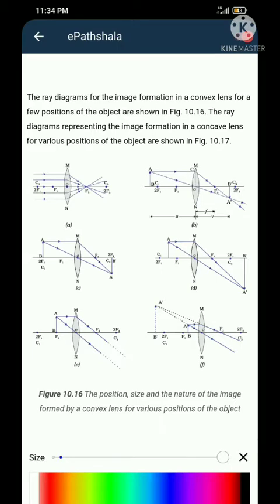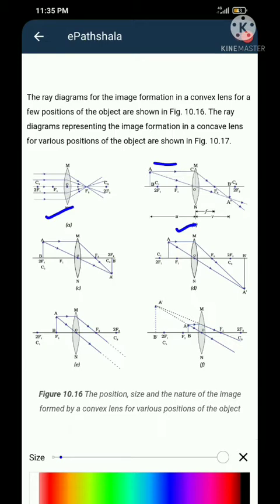Okay, so parallel means the line comes from infinity and the image is formed at the focus, very short and diminished. In the second case, point B, when the object is placed beyond 2f1, when one light ray is parallel, it passes through its focus.